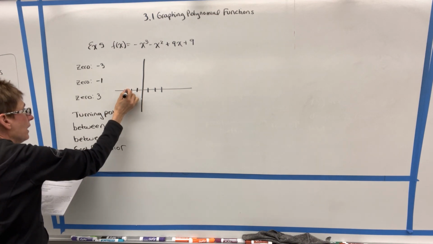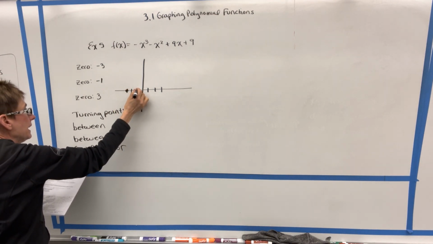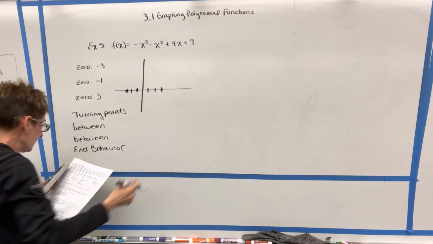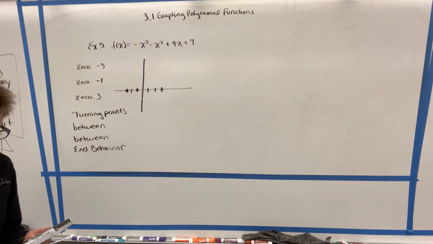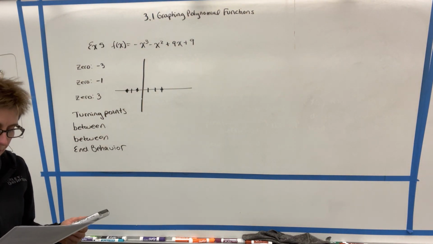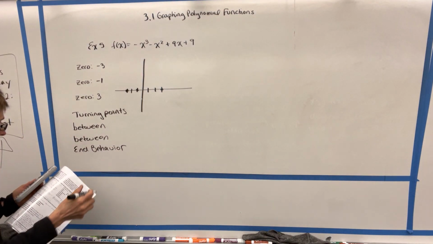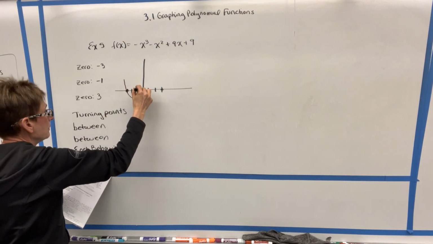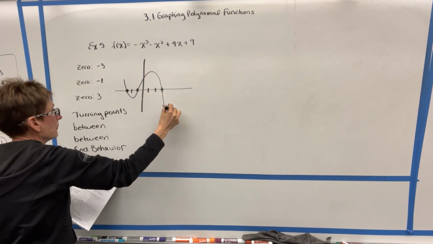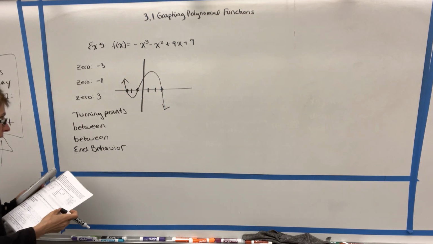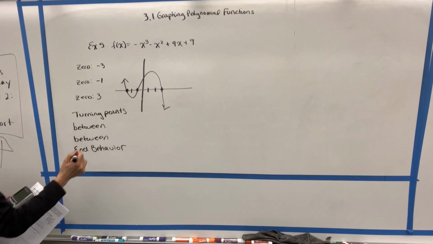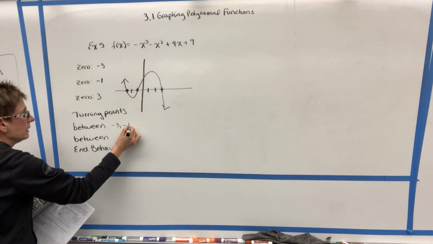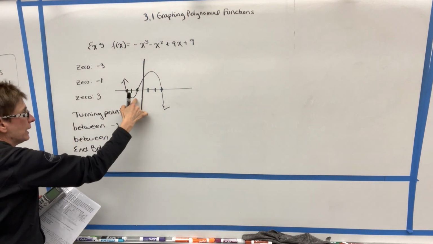So I'm going to put a dot at -3, at -1, and at +3. I also want to know where the turning points are. I can see just by sketching this graph that between -3 and -1, the graph changes directions here.